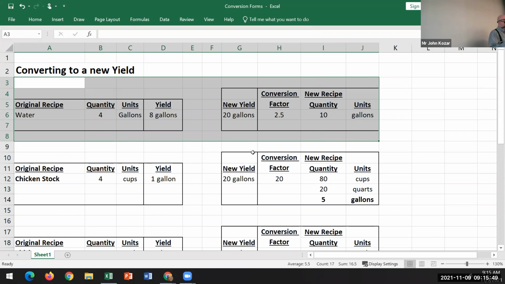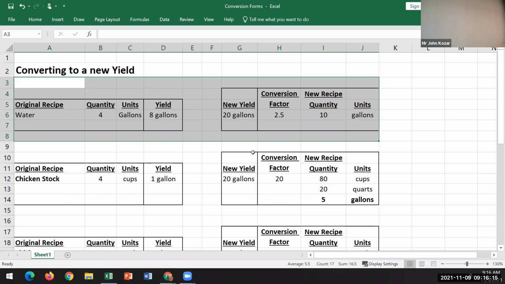I'm not showing you the whole recipe. We have a recipe that calls for 4 gallons of water. And at the end of the day, whatever it is that we're making yields a total of 8 gallons. So it could be chicken soup, something on that order that needs 4 gallons of water. And that's what our standard recipe is.